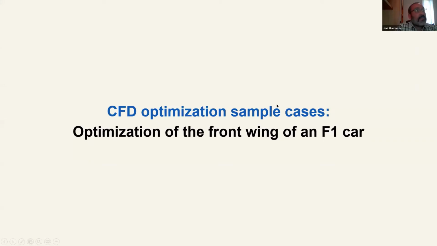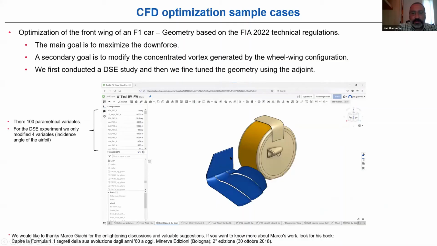And the final case before going to the live demonstration, and okay, a little bit over the time I was expecting. This is the last case that I'm going to show you, a Formula One car. Here we're optimizing the whole car. We're using the latest technical regulations for next year. In this case, we work just on the front wing and the wheel. Everything we designed from scratch, using all these regulations.